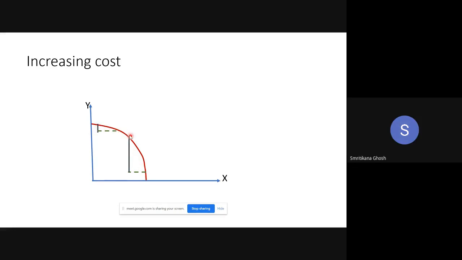There are 4 points actually: starting point, end point, starting point, end point. Okay, ma'am. Any other question? Okay. Hopefully no question.